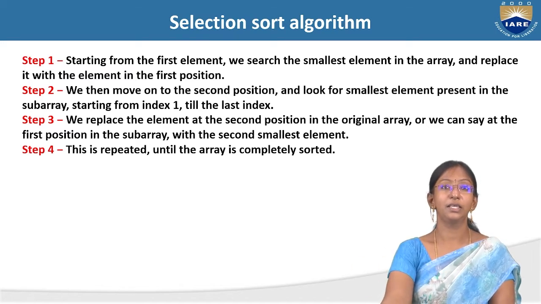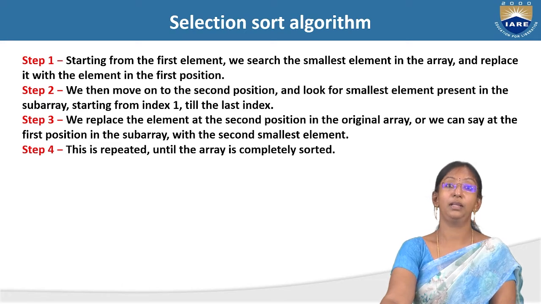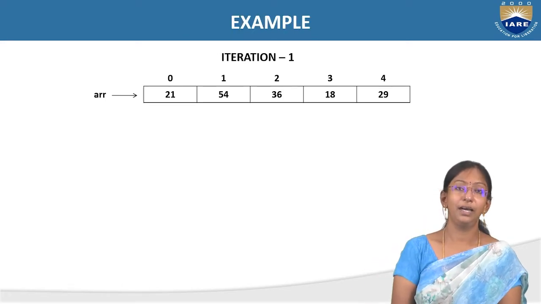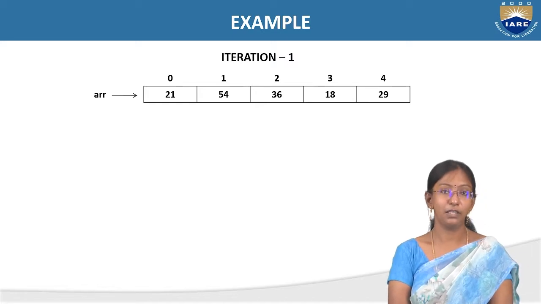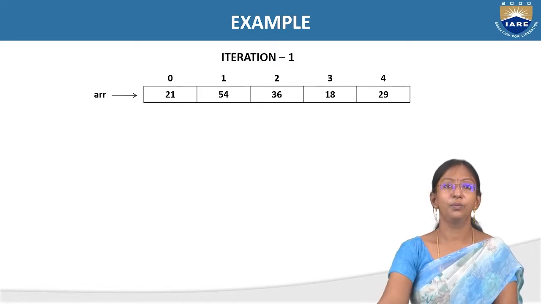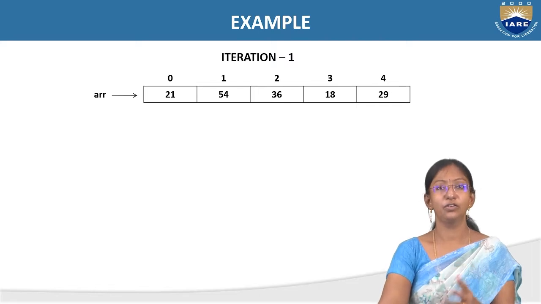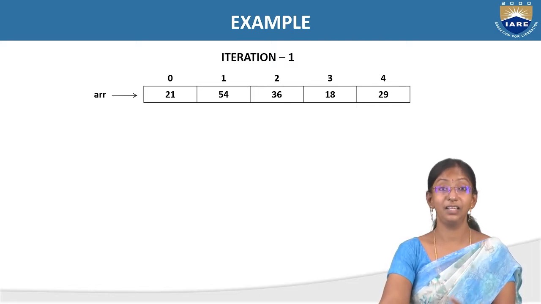Let's have a look at an example with a small animation. Let's take this very small list, which has 5 elements. How is selection sort going to work, and how is it going to select the elements?